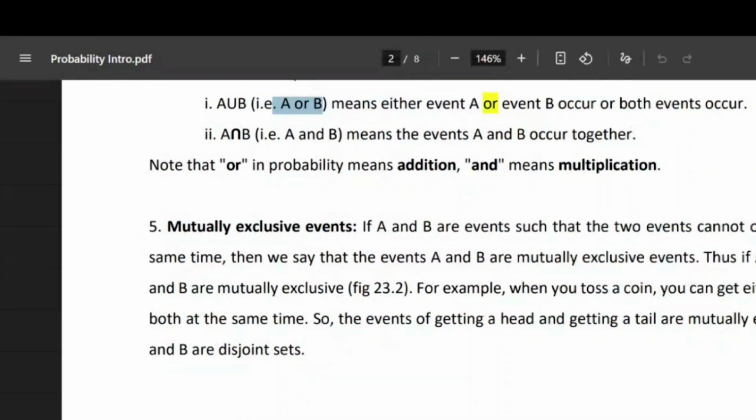At a point 3 will come, at a point the 6 will also come. But for you to toss a Ludo die and say, oh, both will occur together, is not possible. So when it happens like that, we say they are mutually exclusive. But in a situation where they can occur together, there you can say that they are mutually inclusive.